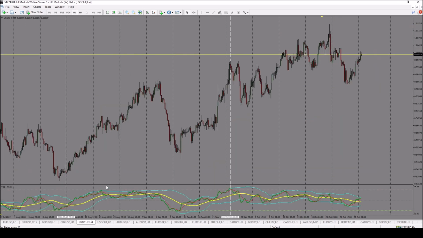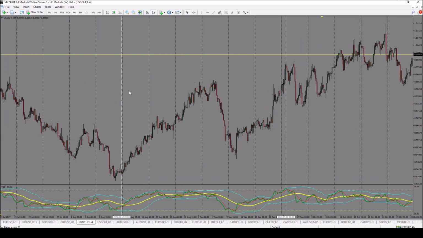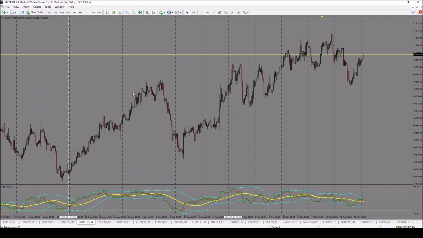So having another example, this was USD against CHF. I'm not going to mark the levels or the impulses on the smaller time frame. This is the H4 time frame. So we had 1, and we had 2, 3. Then here we had 1, 2, and 3.